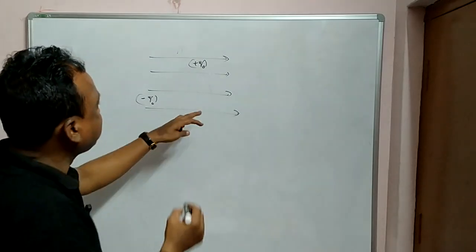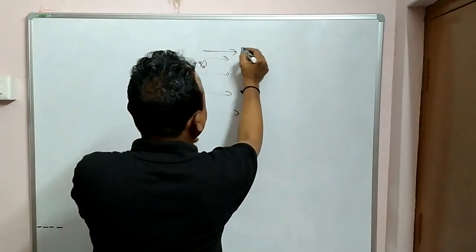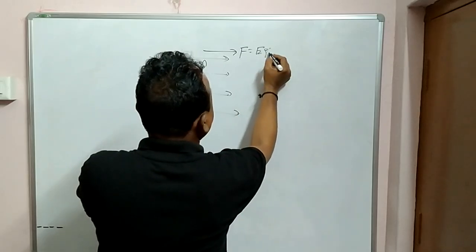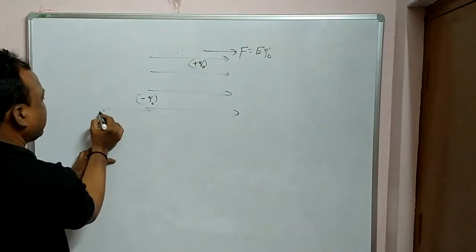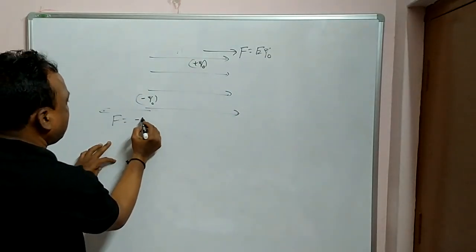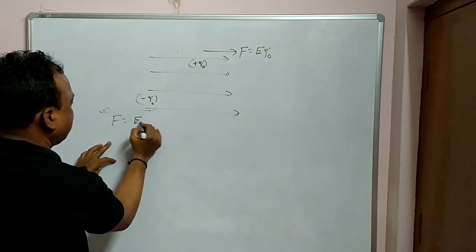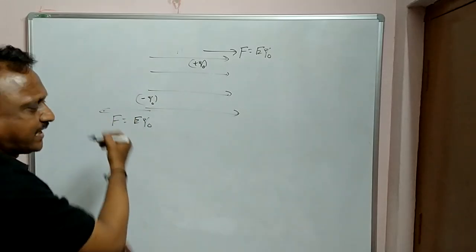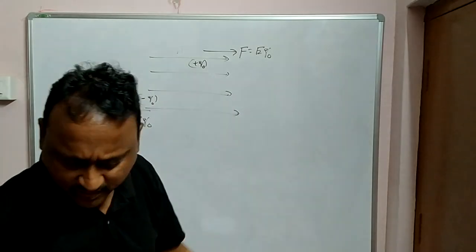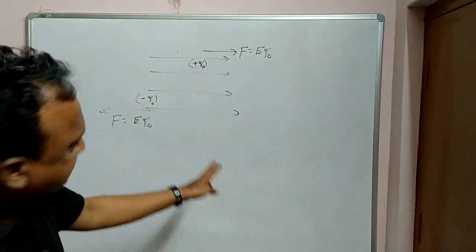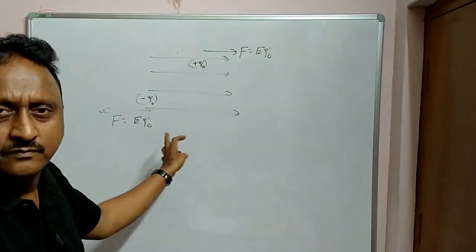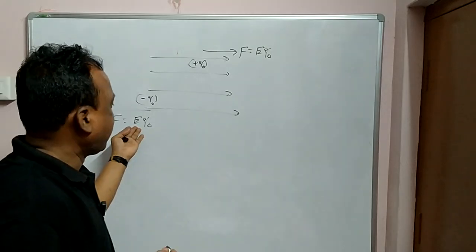So what will be the force here? In this direction the force will be EQ, and in this direction the force is F is equal to minus EQ, but I will write it as EQ only. One is in the negative direction, one in the positive direction. E is the electric field intensity.